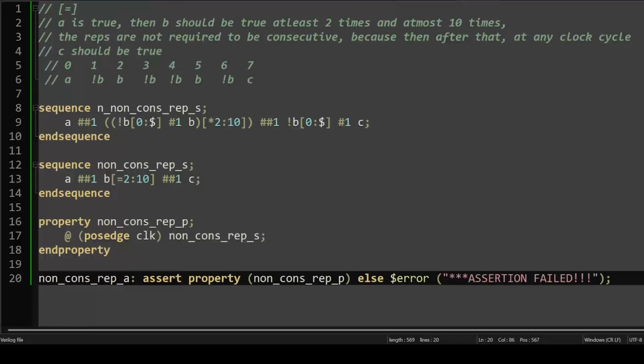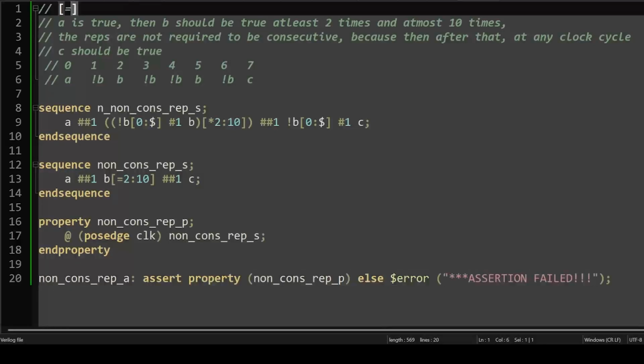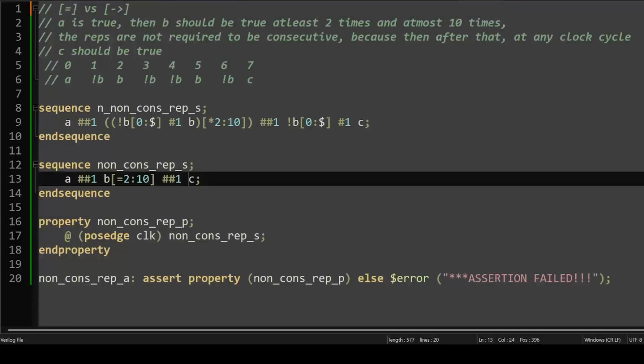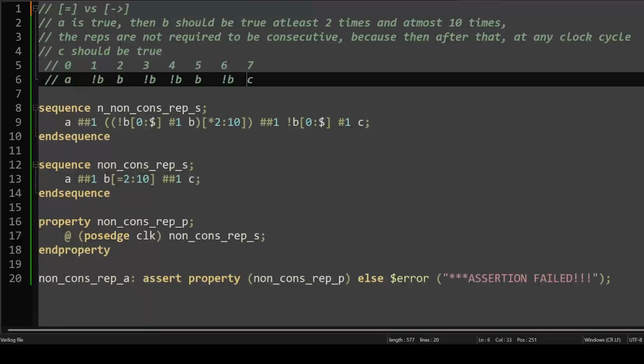The only difference between this and the go-to repetition, which is denoted like this, is that the signal or sequence you write right after the non-consecutive repetition is not required to be true right on the next clock cycle. In simple words, C is not required to be true right after the last true B is detected.